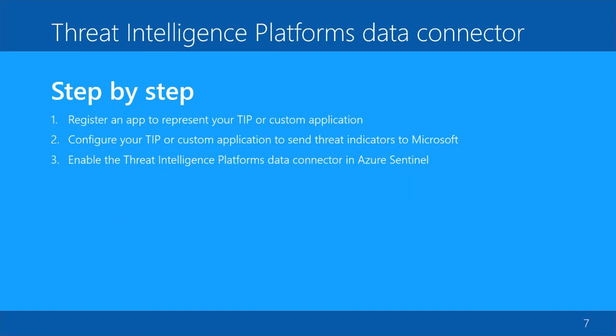After that, as data gets sent from your threat intelligence platform, we typically see about a 120-second delay from the time it leaves your platform to the time it shows up in Sentinel. And that's a continuous push. All of those threat intelligence platforms push continuously.